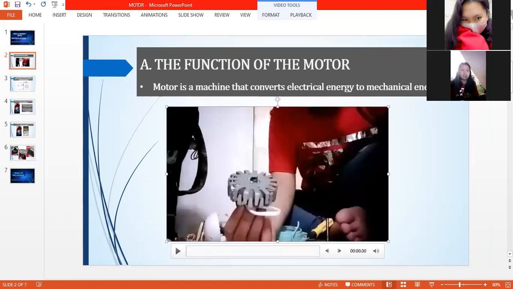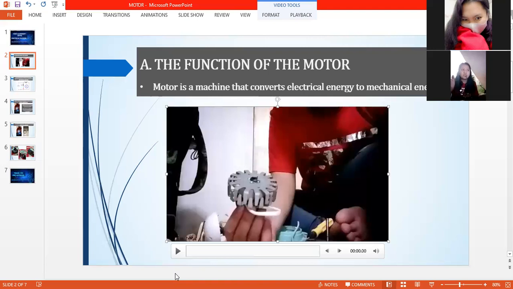So in addition, with question letter A, the function of the motor, I will explain the definition, or what the function of a ceiling fan is. Based on my research, the blades of the fan are slightly angled in the ceiling fan. As you can see, the blades of the ceiling fan are slightly angled.